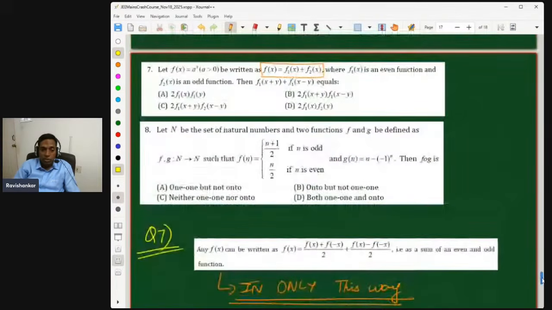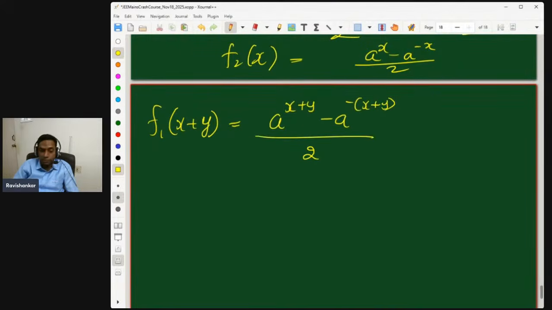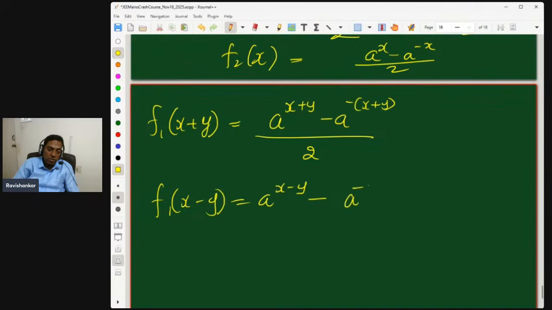Now the question is, what is f1 of x plus y plus f1 of x minus y? Both are f1. A power x plus y minus a power minus of x plus y, the whole by 2, plus a power x minus y minus a power minus of x minus y, the whole by 2.